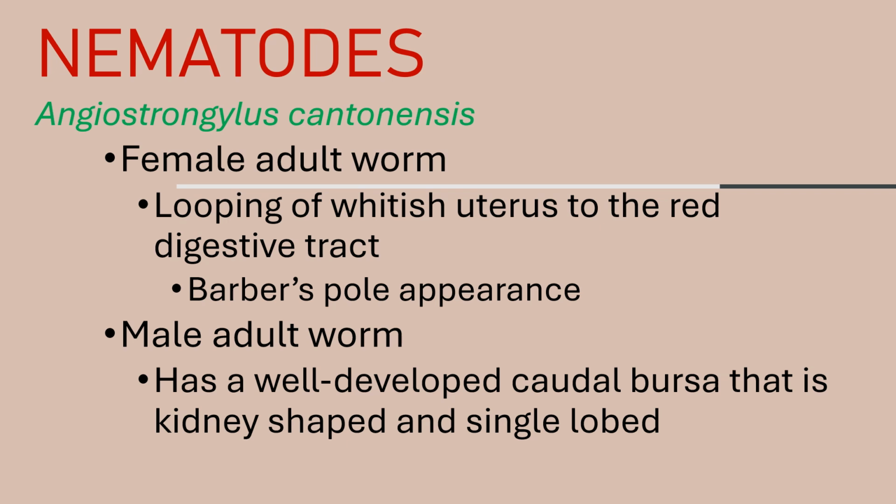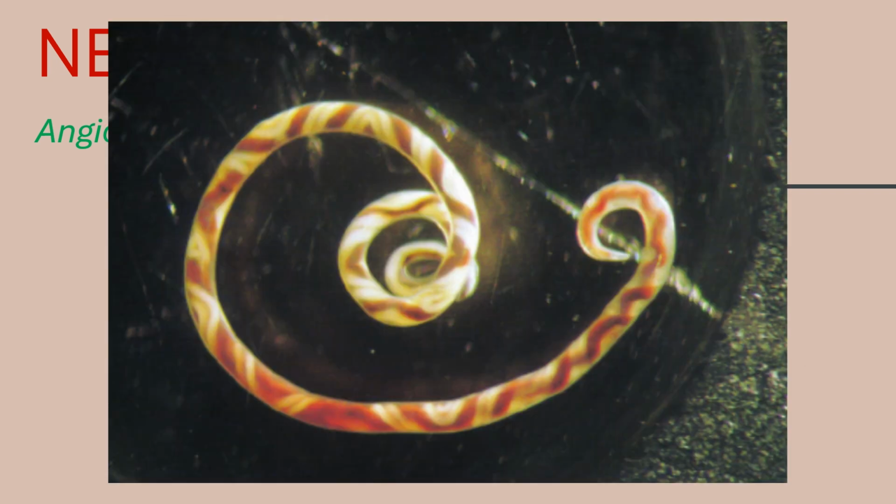The male adult worm has a well-developed caudal bursa that is kidney-shaped and single-lobed.